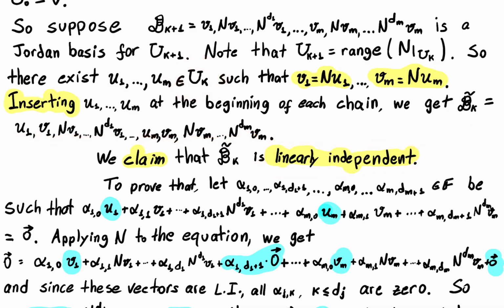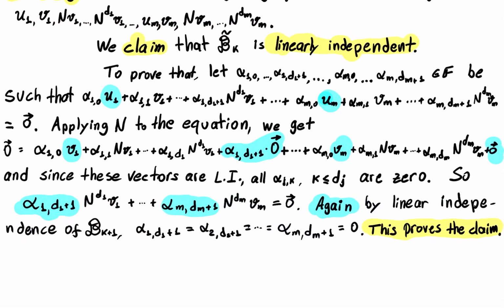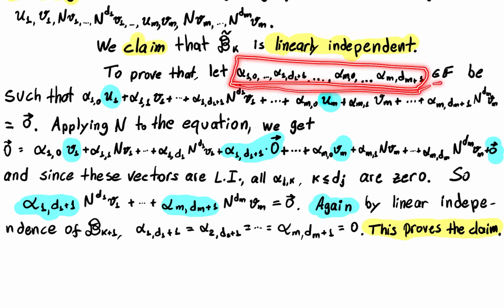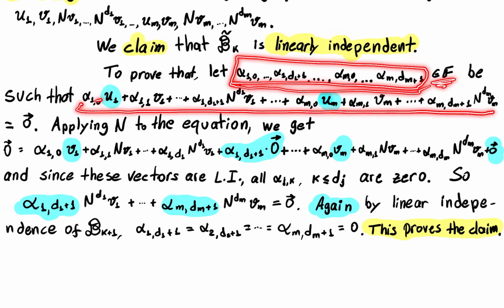That's similar to a trick that we did in class. We let alpha be a collection of scalars such that this linear combination gives 0. What we have to show here is that all the scalars have to be 0.